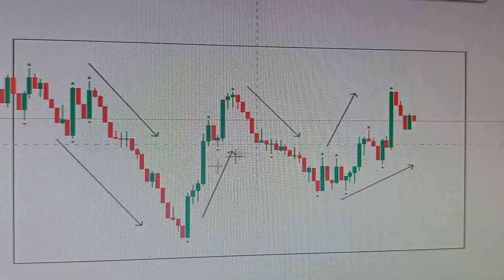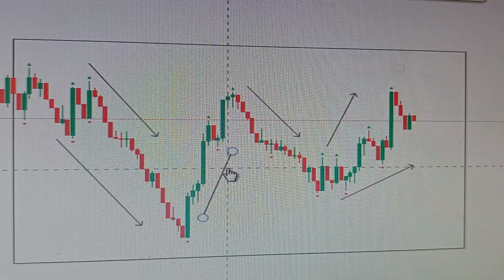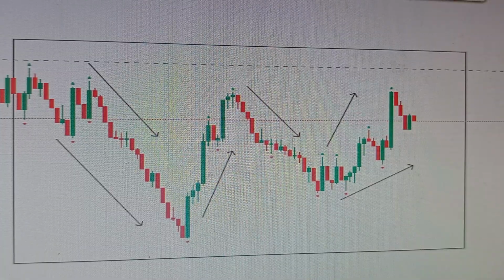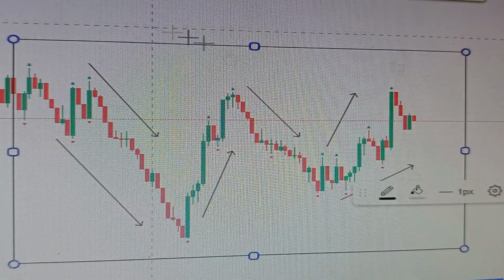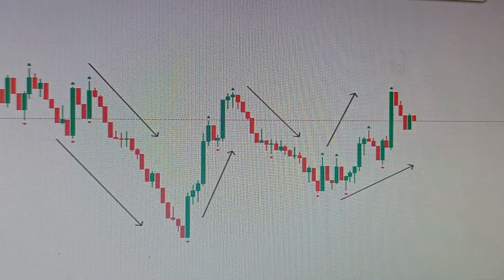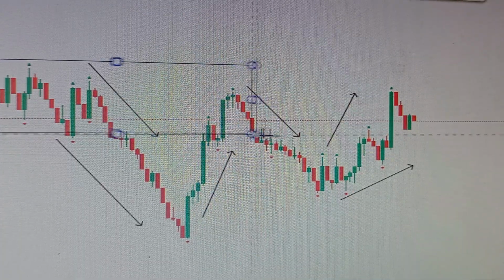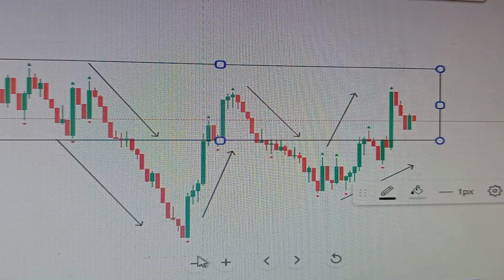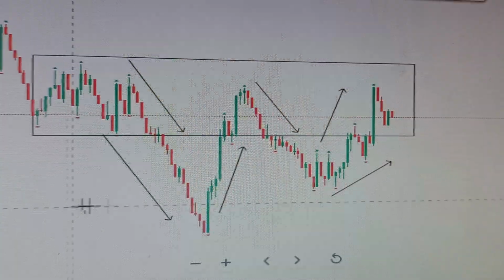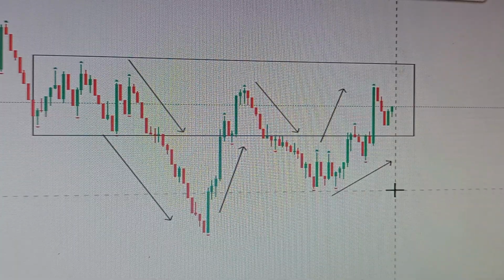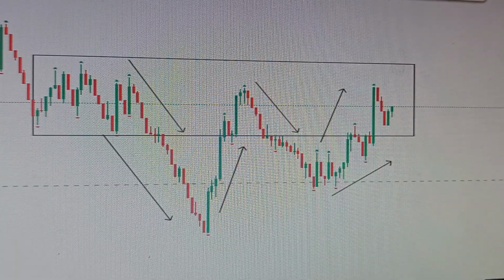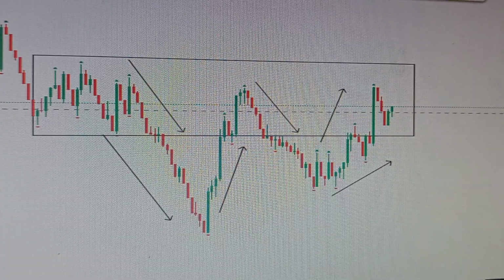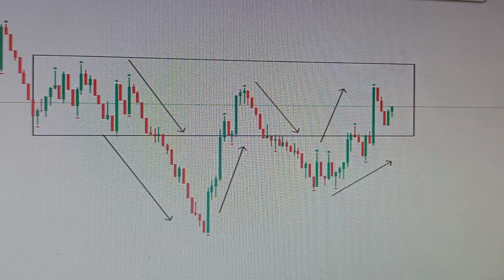When you look at this price, our price was consolidating. Our price has been consolidating in this area. And in most cases, guys, I always tell you that when the price is within your area of consolidation, you don't have to find any entry until it breaks your structure.